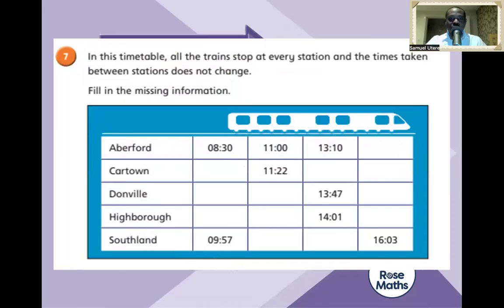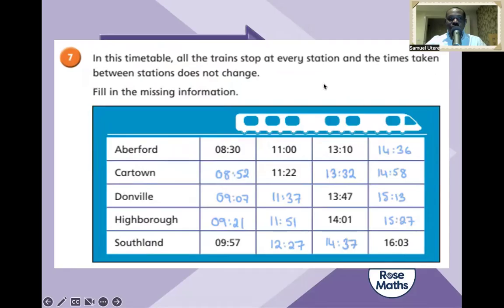All right, pause the video and answer question 7 in 3 minutes. All right, assuming you've paused the video and you've answered the questions, here are the answers. Let's discuss them. So here you're asked, in this timetable, all the trains stop at every station and the times taken between stations does not change.